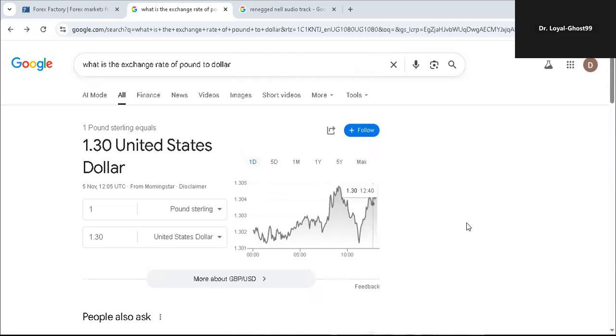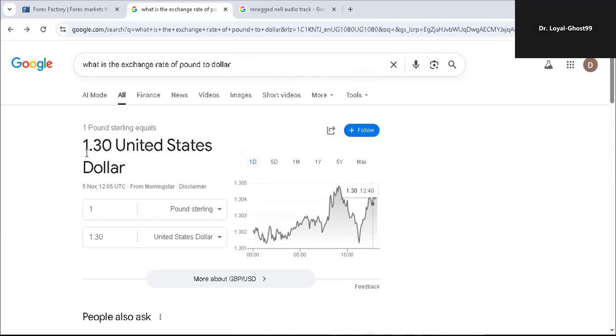I'm going to see what the exchange rate of pound to dollar is. It is 1.30, meaning for me to get $1, I have to exchange it with 1.30 of the US dollar. Since the pound is what I want to analyze and make a deal on the interbank market, this is just the retail price.